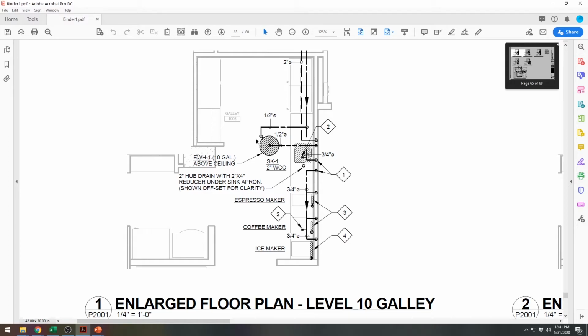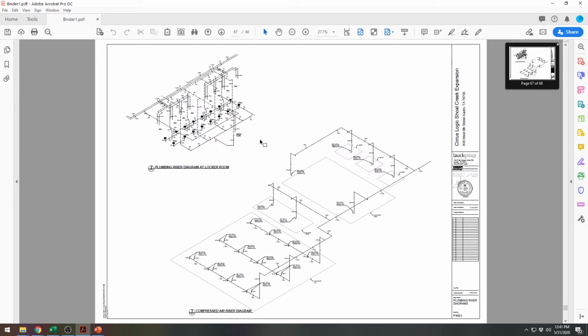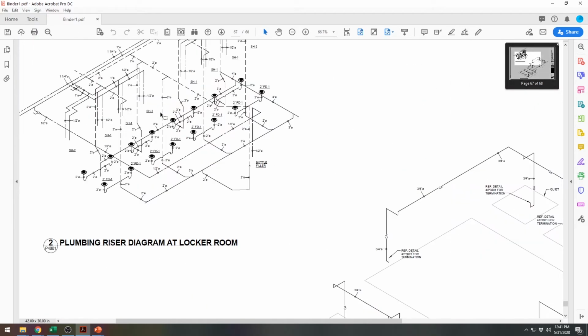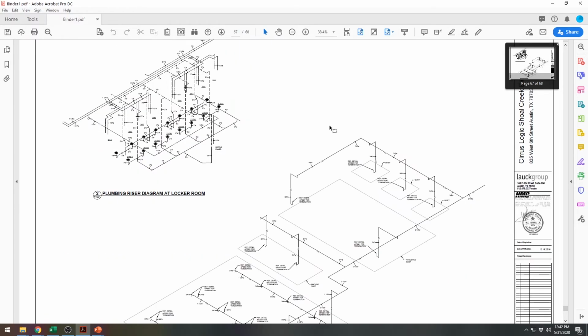The contractor will come in here and see all this stuff, and then they'll use that in conjunction with the riser diagrams here. They'll go find the same area and say, okay, well, this line was overhead and this line was underneath. So it's a lot of back and forth for the contractor to figure out exactly what's going on.